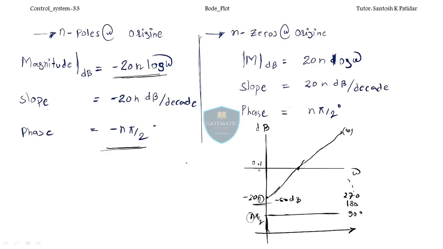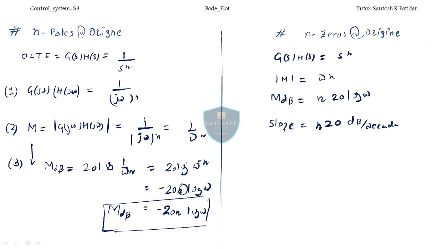Whatever we have seen over here, we have seen for 1 divided by s to the power n. Over here, suppose k is given. Now the magnitude will not be simply 20 log omega. The magnitude will change now. It will be like 20 log k plus 20 log omega to the power minus n.